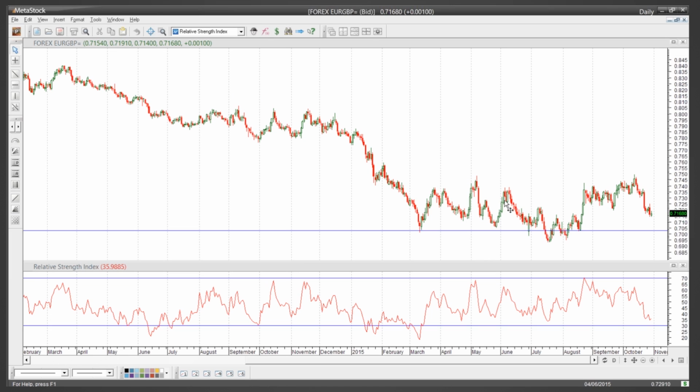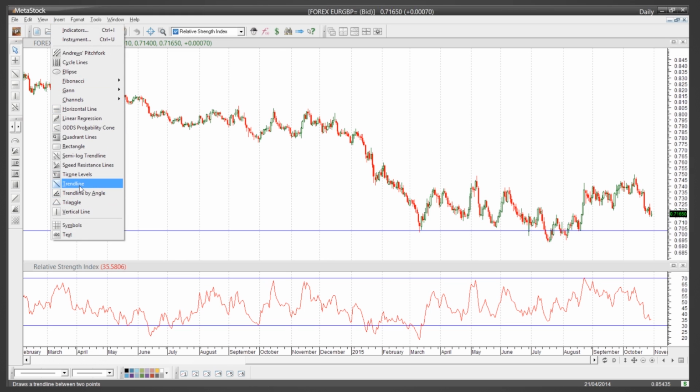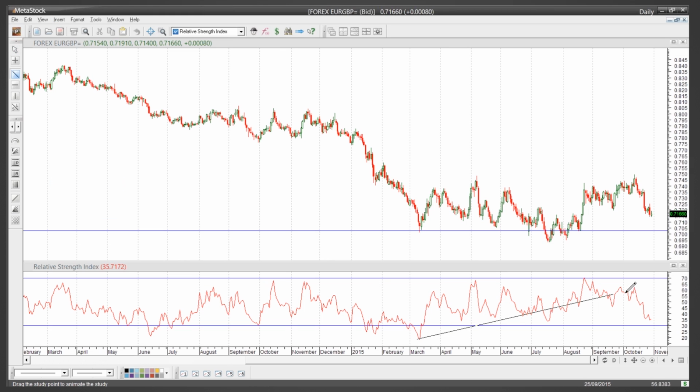What we can see happening here is that as price has sold off and stalled out over this period, RSI has been building from its oversold levels, trading higher, and we held along this bullish trend line here, and we've just recently broken below at this level, signaling that there is potential downside to come in the euro sterling.